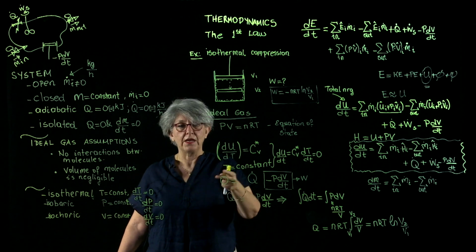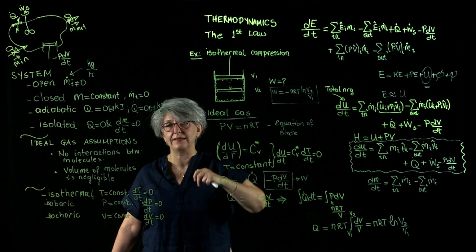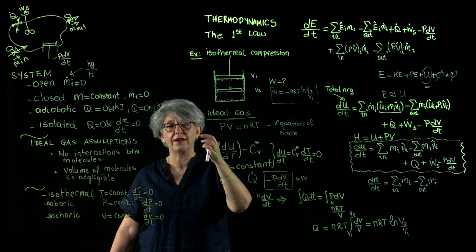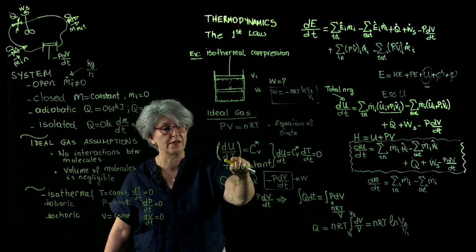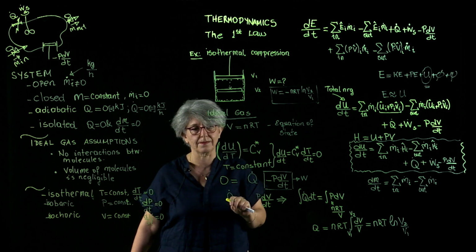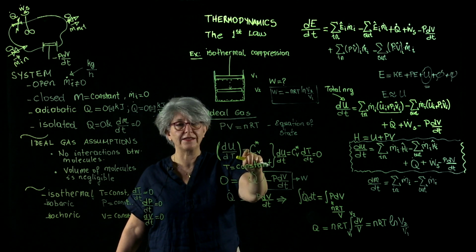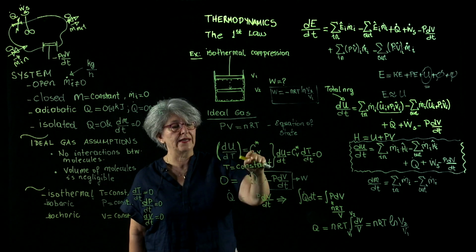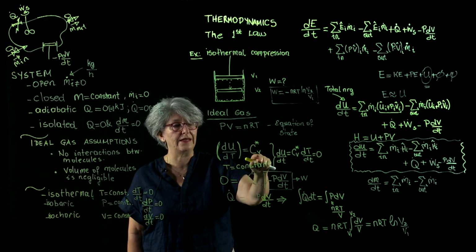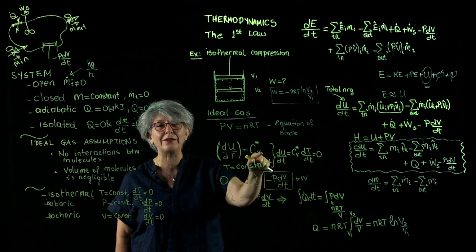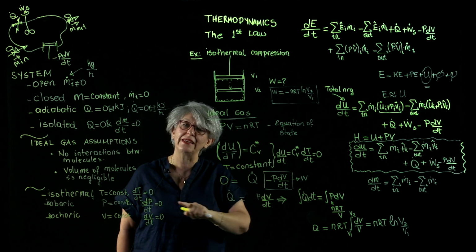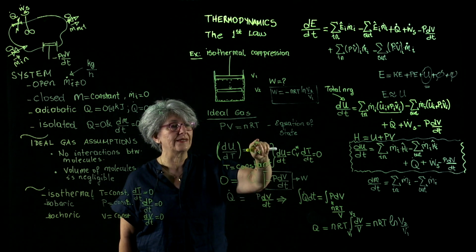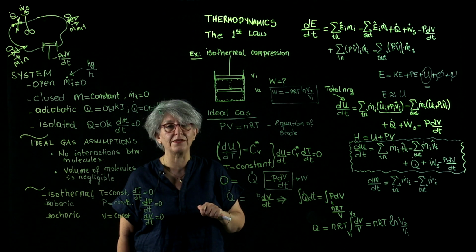Number two, internal energy of an ideal gas is only a function of temperature, and that functionality has a proportionality constant of Cv star. This is the heat capacity at constant volume, and why we call it constant volume will be more clear in a few lectures after this. The star indicates that it is for the ideal gas.